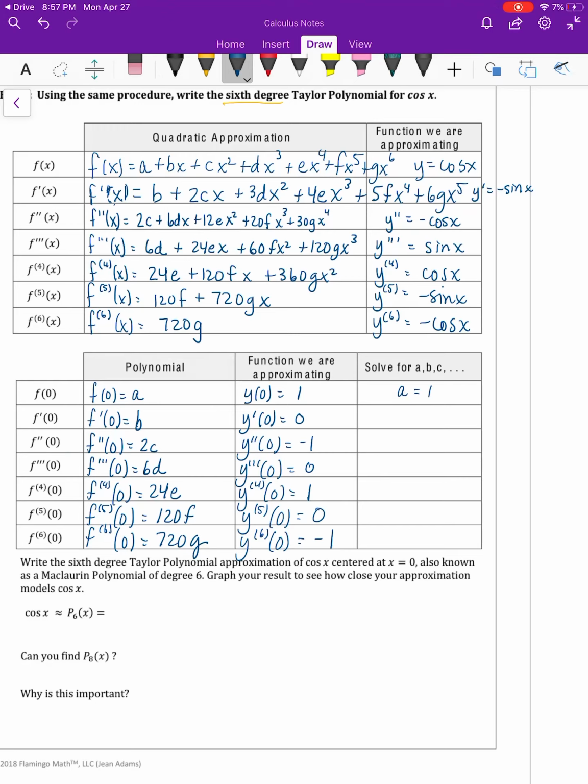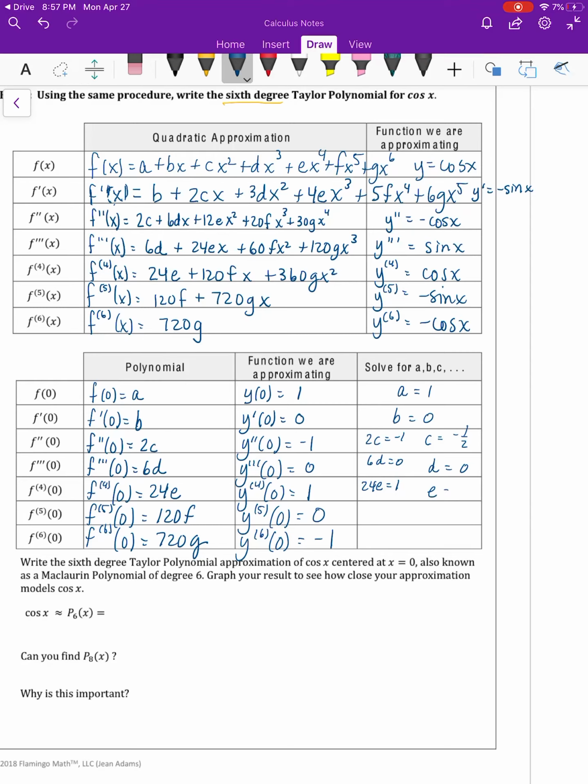So now I can see that my a is 1. I can see that my b is 0. I can see that 2c is negative 1, so therefore c is negative 1/2. I can see that 6d equals 0. That means that d is 0.